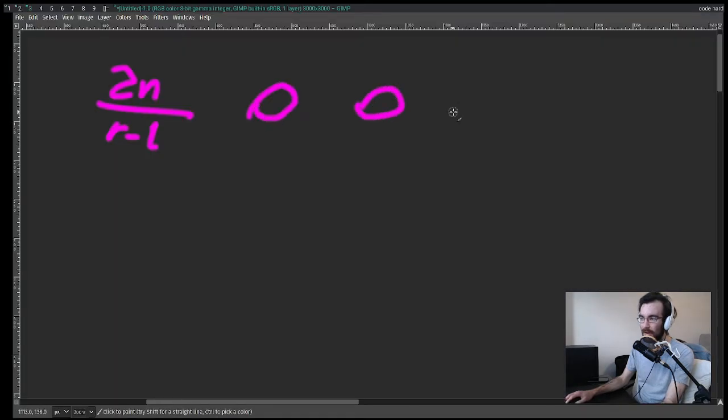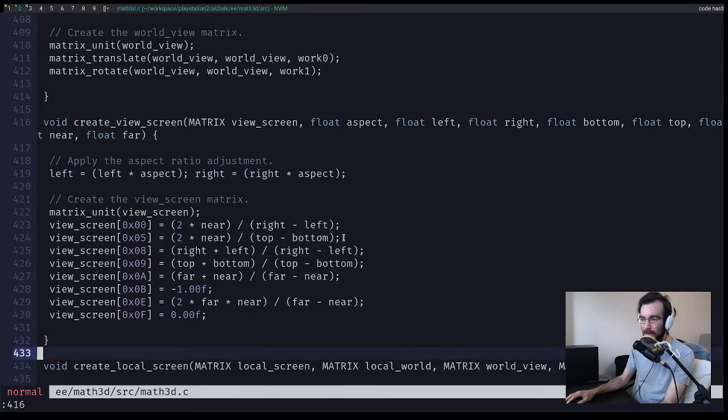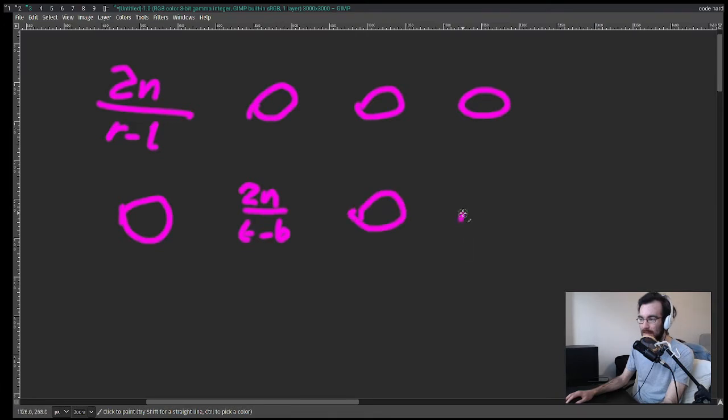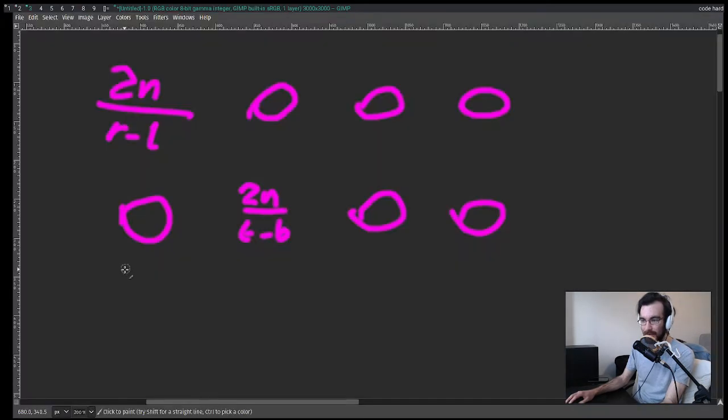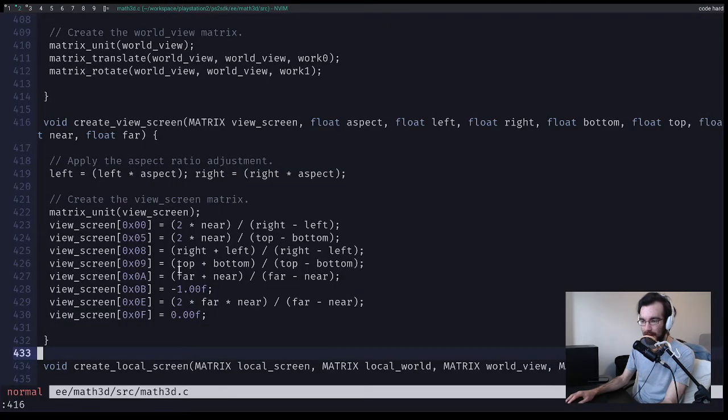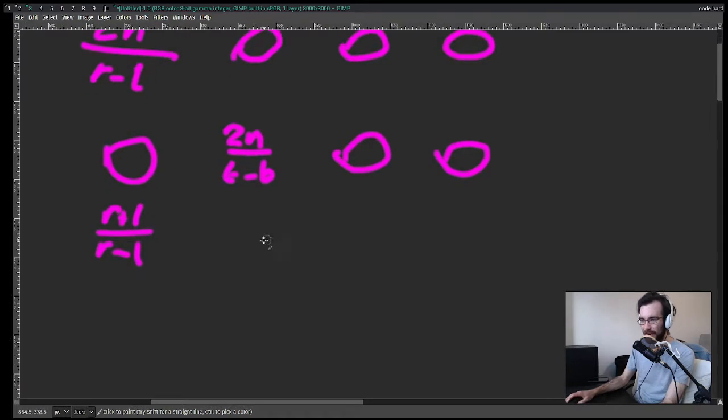So 0, 1, 2, 3, 4, 5 is 2n over t minus b. 6, 7, 8 is r plus l over r minus l. 9 is, so this is your scale, right?